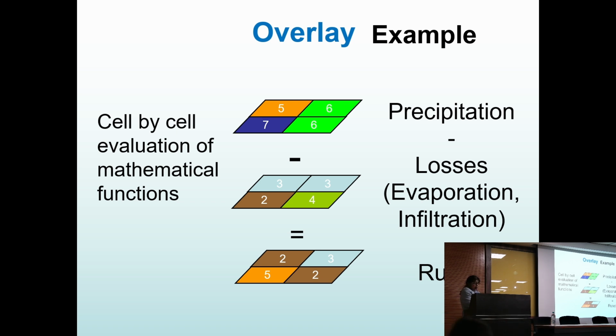So what is the final runoff? So you can subtract losses from precipitation to get the runoff, surface runoff. So this is output at pixel location 7, where precipitation is 7 mm, we have subtracted 7 minus 2, where 2 is your losses, to get the final runoff of 5.